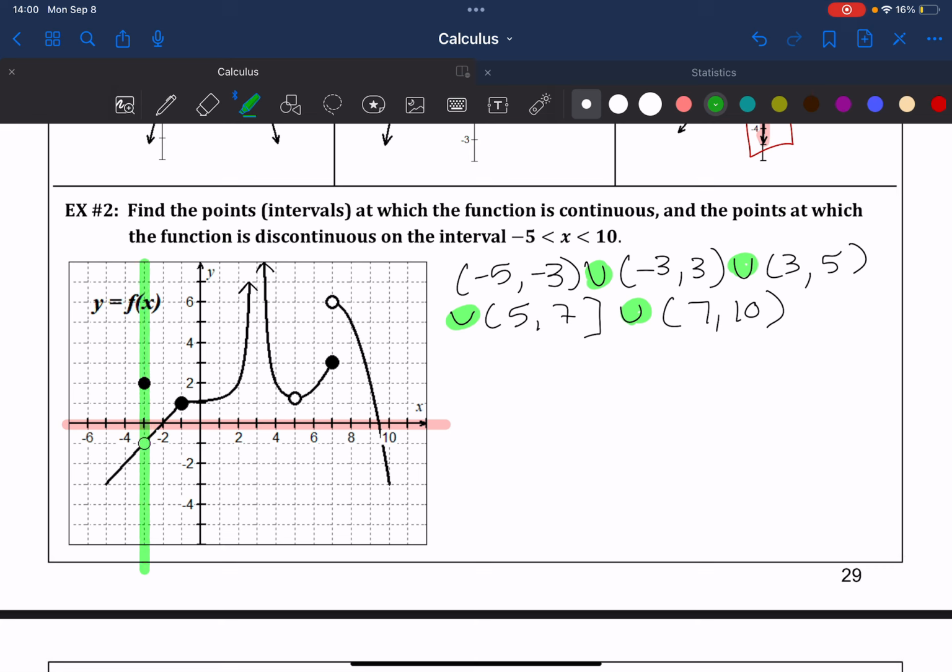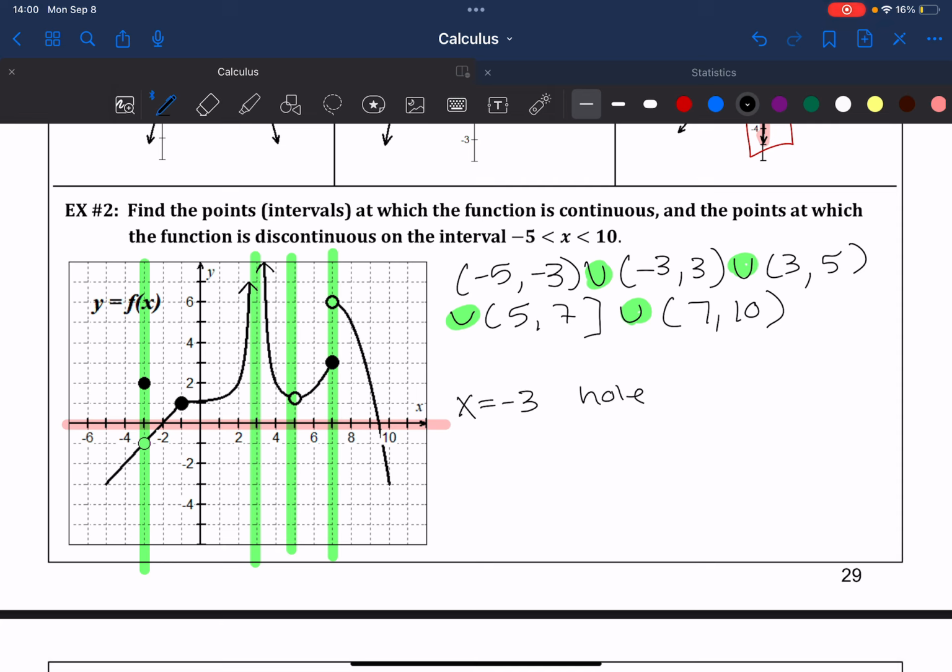So here I had a hole, here I had an asymptote, here I had another hole, and then here I had a jump. So 4 discontinuities. 1 at x equals -3, which is a hole. 1 at x equals -1, which is a vertical... not that one.